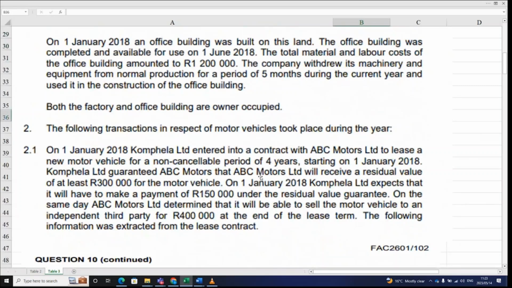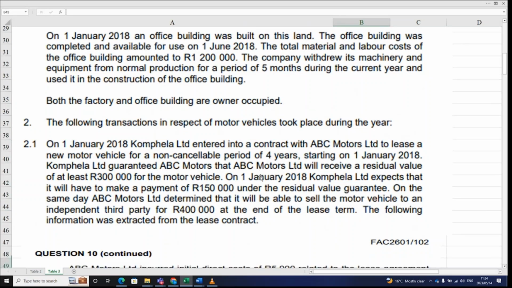We know from IAS 2 that the cost of the asset is made up of the labor and the material, and direct production overheads. Overheads will include depreciation of some of the equipment used within the production of that asset. In our case it was for a period of 5 months, so we need to get the depreciation of that equipment.